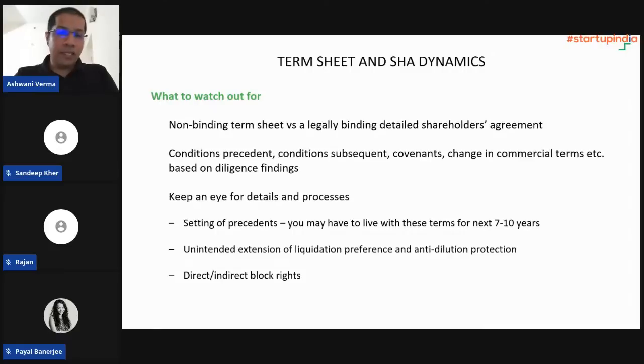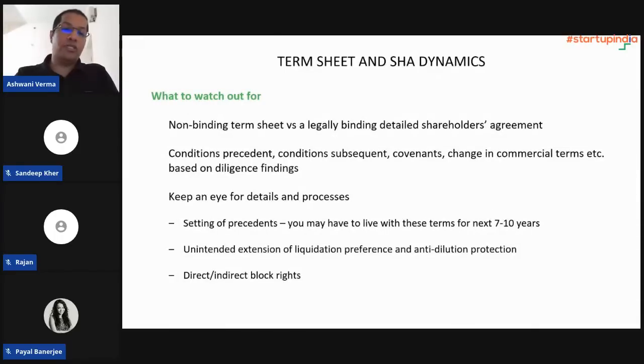Then with time, what happens is some of the rights are unintentionally extended to some other clauses like liquidation preference, or even anti-dilution protection. We have seen in a lot of cases where sometimes liquidation preference rights are connected to the specific transfer of shares by the investor alone, which is contrary to the principle of distribution when the company is going towards a corporate liquidity event.